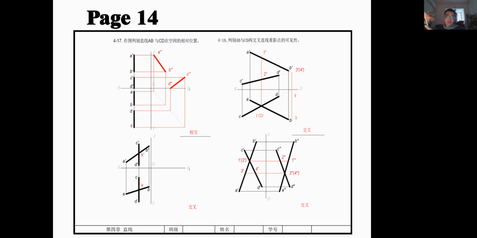Yeah, always parallel. But if you move it away, you'll find this is skew. But for the projections AB and CD for this one, the projection on H, AB should be moved to the left, yeah. So you move them onto the same line for H and for V, which means these two lines have an intersection point. Yeah, for this one. So you can imagine, use anything you can to construct the sideline here. So these two lines are intersecting lines.